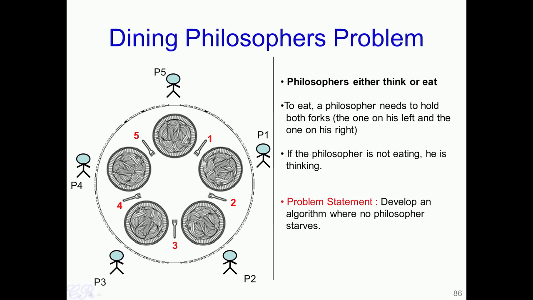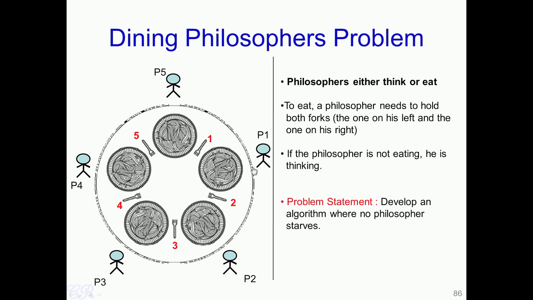These are the two forks which are closest to him. Similarly, if P3 wants to eat, then forks 4 and 3 are required. The problem we are trying to solve is to develop an algorithm where no philosopher starves. That is, every philosopher should eventually get a chance to eat.